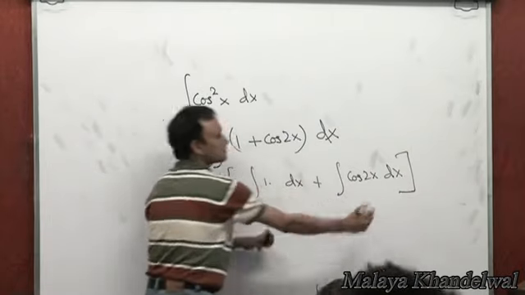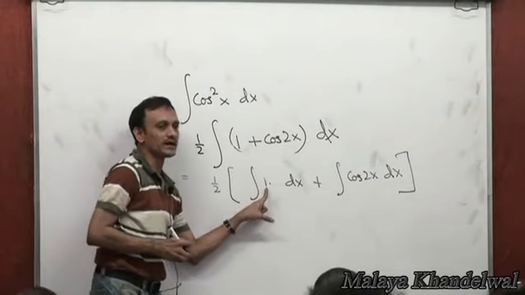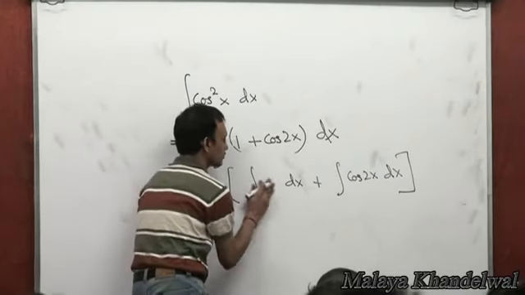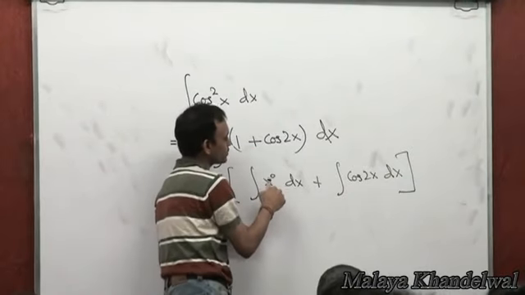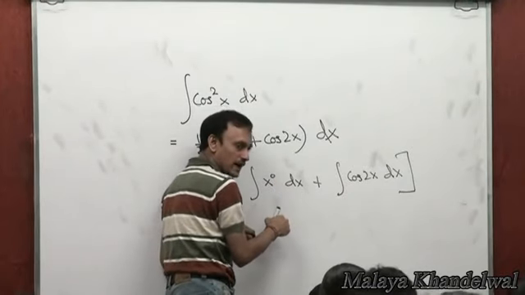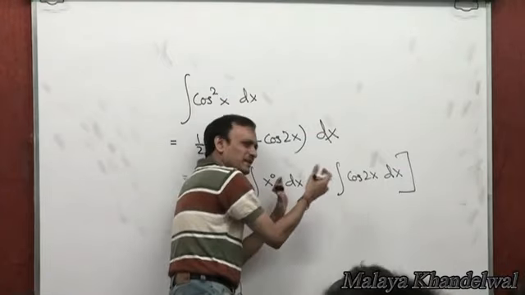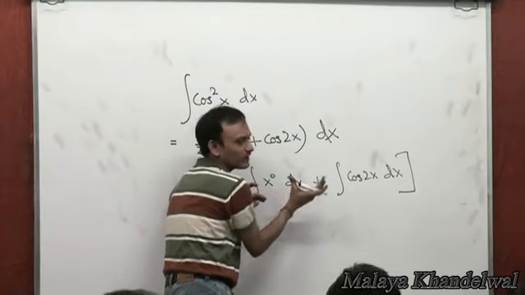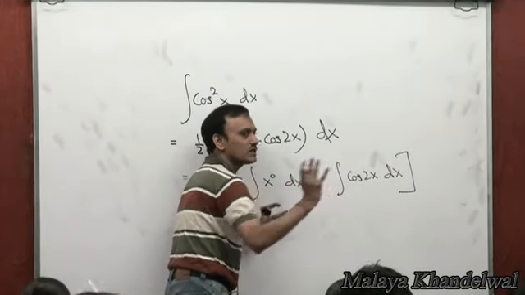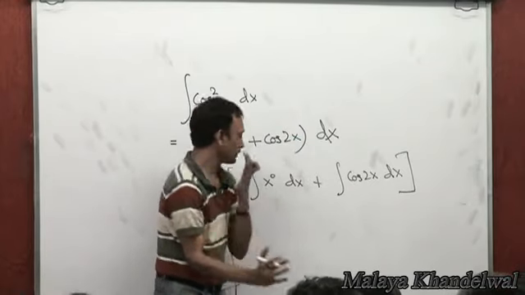How about this? 1 is like a x to the power 0. So this would become x to the power 0 plus 1 divided by 0 plus 1. So I'm going to combine the constants eventually, write it as one single constant. I'm not going to give one constant for this and one constant for this. At the very end, I'll just put one consolidated constant, right?